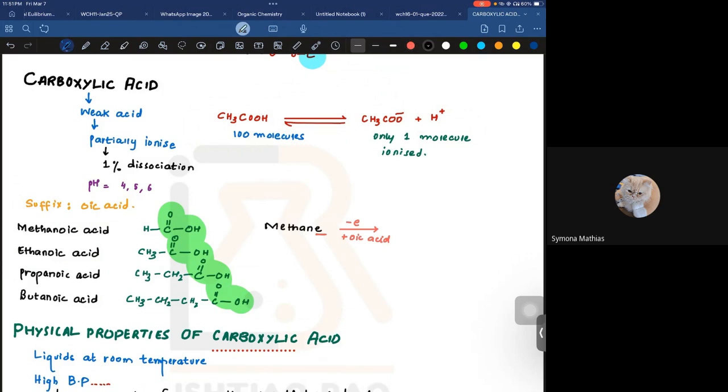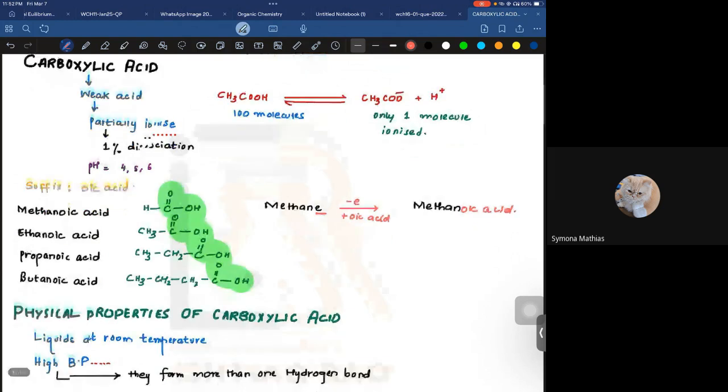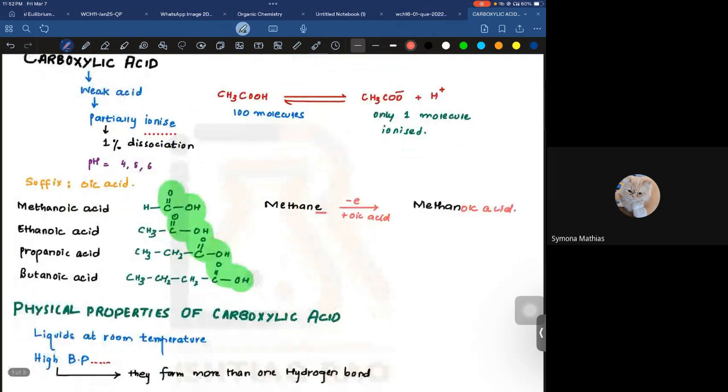So methane to methanoic acid, ethane to ethanoic acid, propane to propanoic acid, and butane to butanoic acid. So here are some family members.